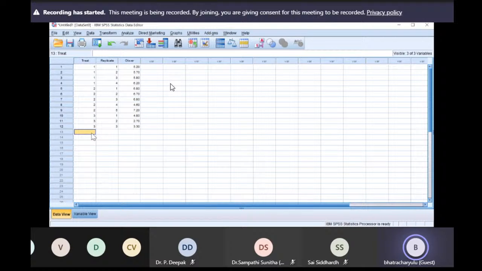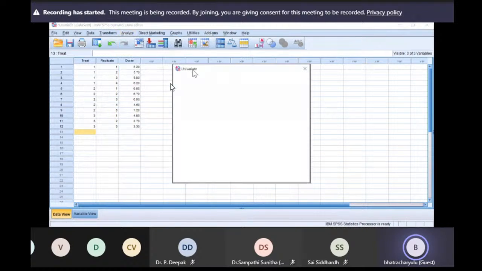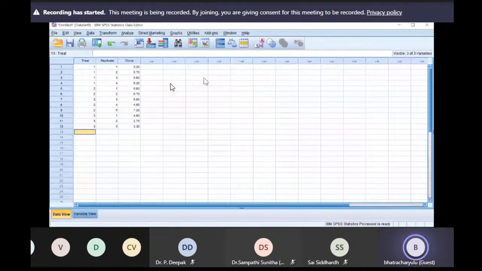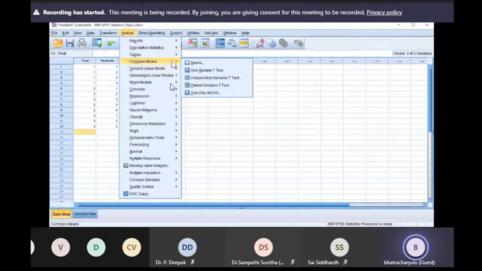Now you carry out the analysis. Go to analyze and univariate. Cancel this one. Go to analyze and compare means. In compare means, the last one is one-way ANOVA, which you select.